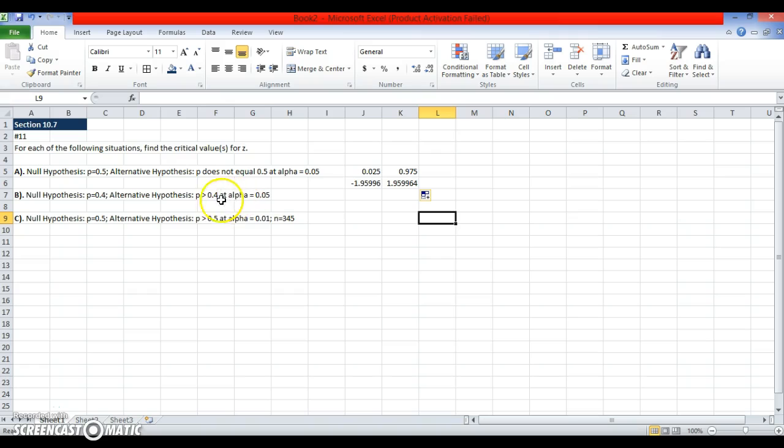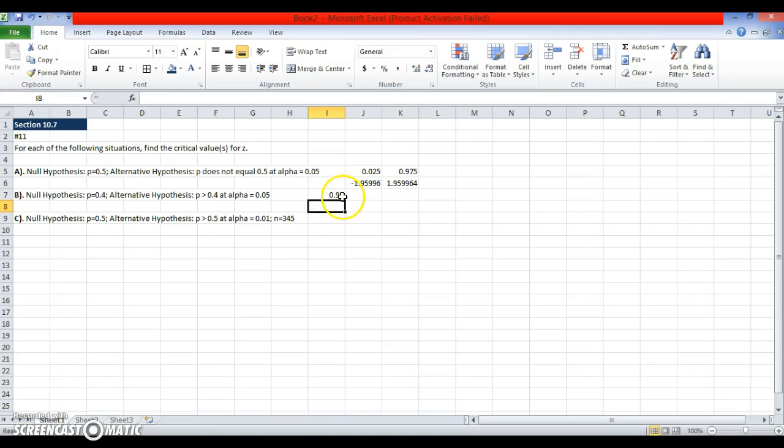Going back to B, with alpha 0.05: remember, this is greater than, so it's to the right, in the positive. So we use 1 minus 0.05, just like before, since this is a 95% confidence level.